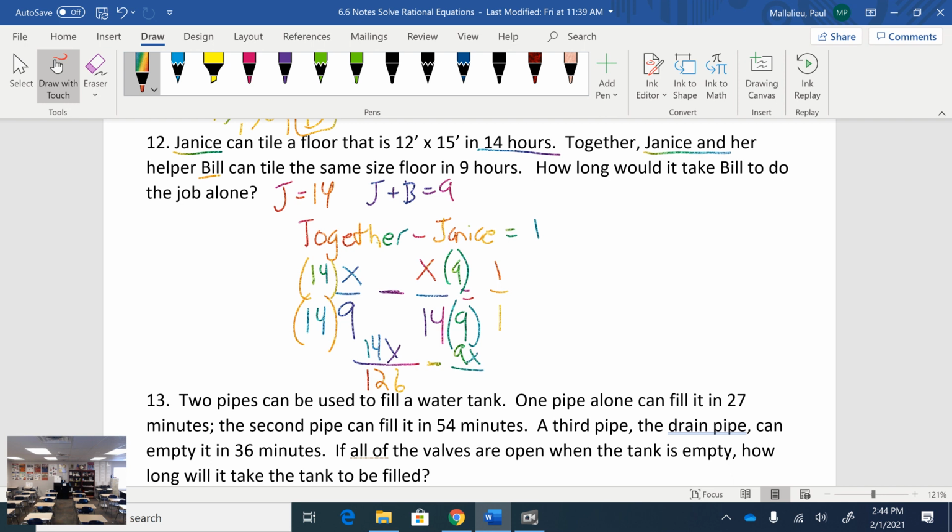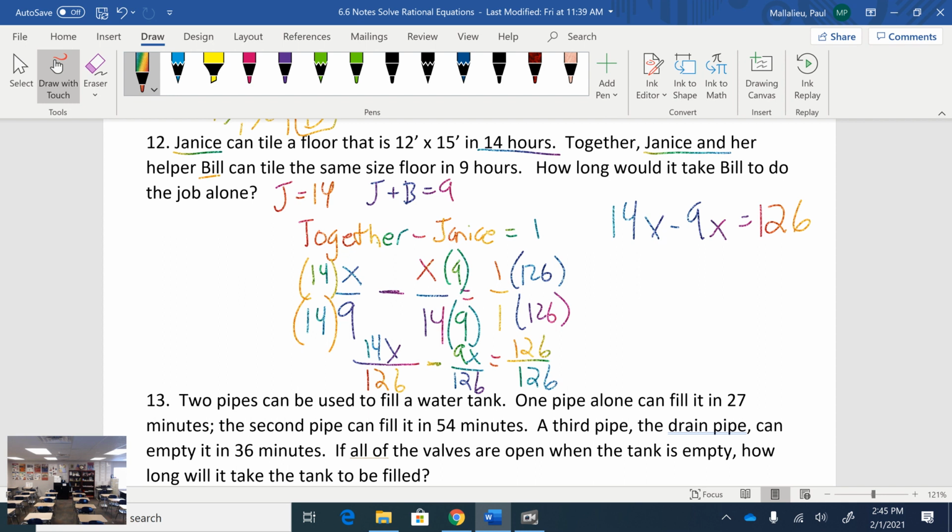Minus 9x over 126, and make sure you remember to multiply the one by 126, what we're trying to get as a least common denominator. Once we've got our denominators all the same, we could flip and multiply by the reciprocal, like we just saw, or we can just drop it, meaning we know it's going to cancel out anyways.